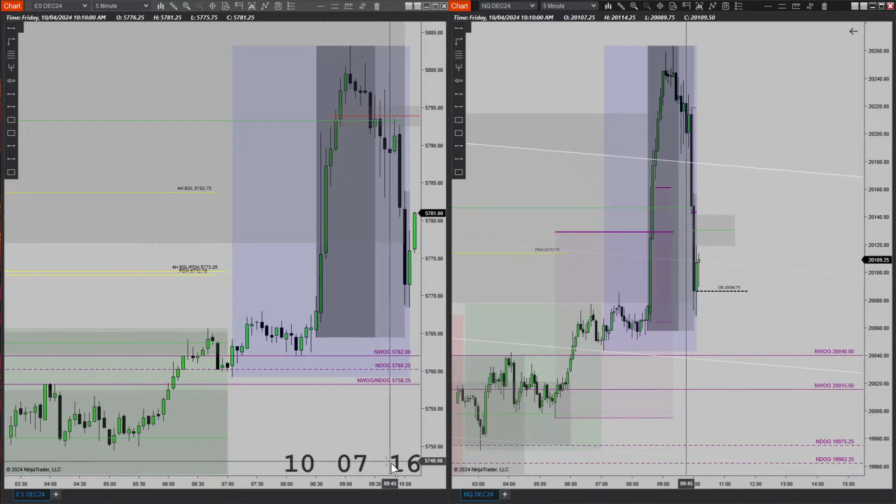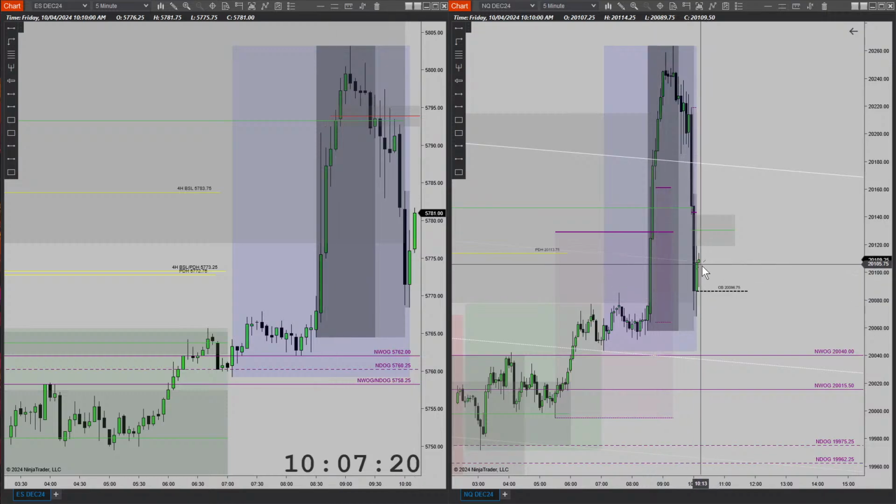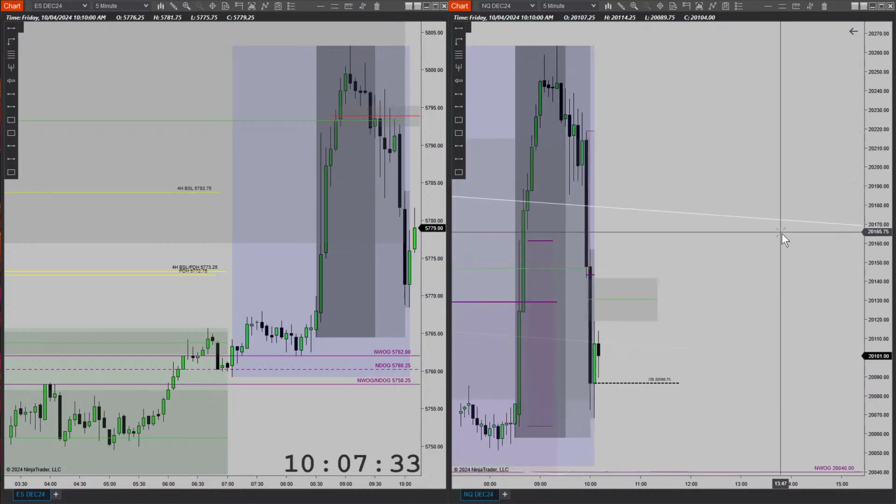3 more minutes. Yep, 3 more minutes. Again, I don't want to see price close above this area here.